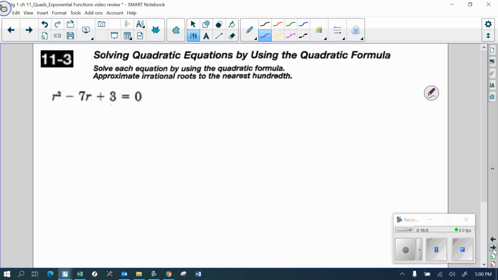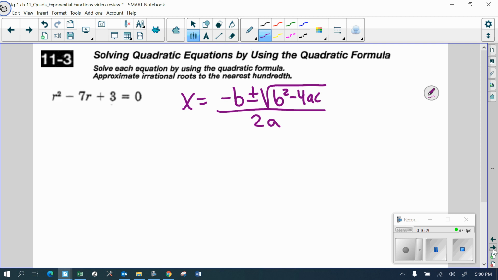Solving quadratic equations using the quadratic formula. x equals -b plus or minus the square root of b squared minus 4ac, all over 2a. Again, a is 1, b is -7, c is 3. So write out a is 1, b is -7, and c is 3.